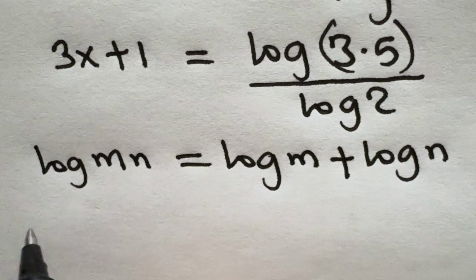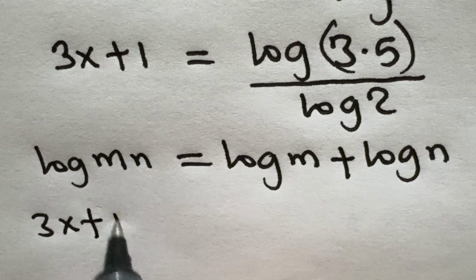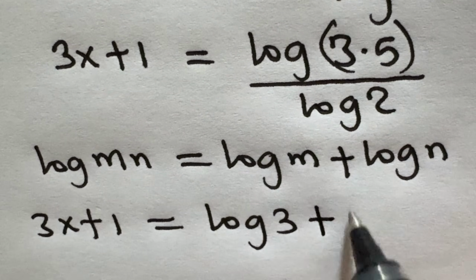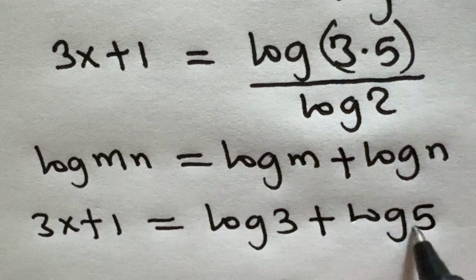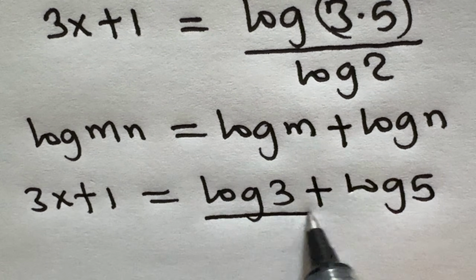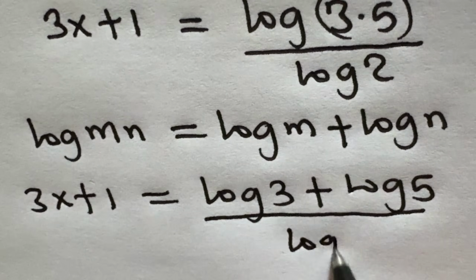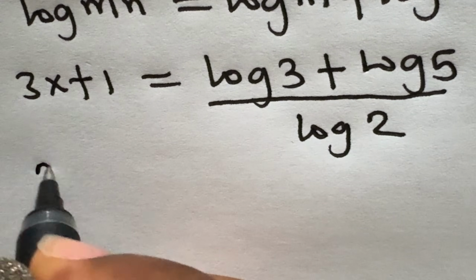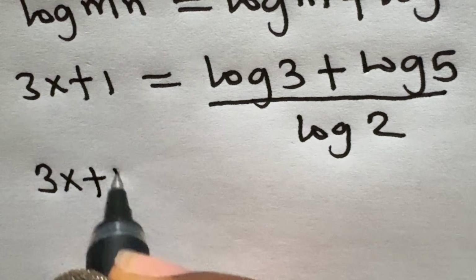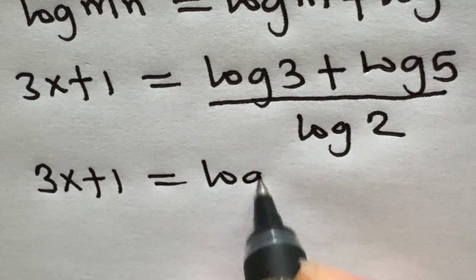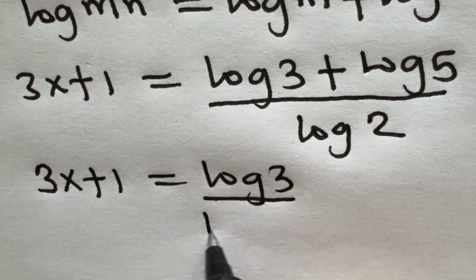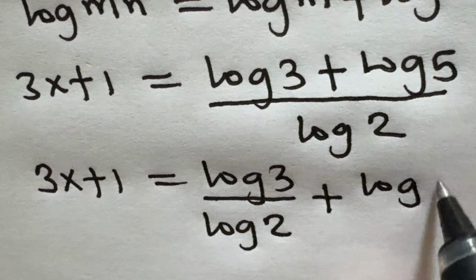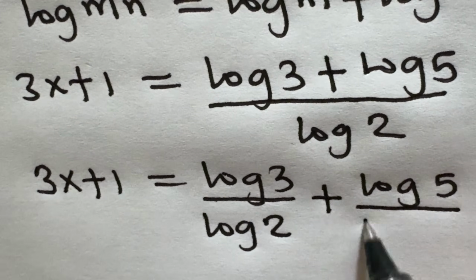So this becomes log 3 plus log 5, then divided by log 2. We can also write this as 3x plus 1 is equal to log 3 divided by log 2 plus log 5 divided by log 2.